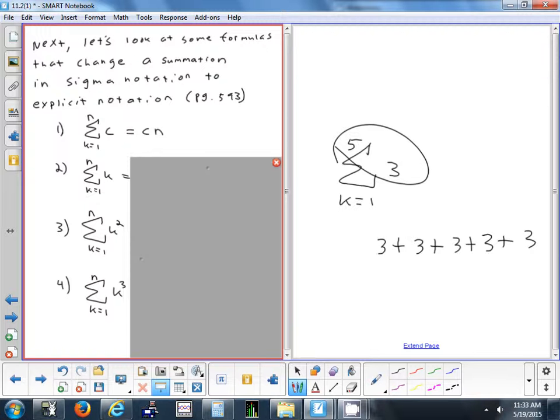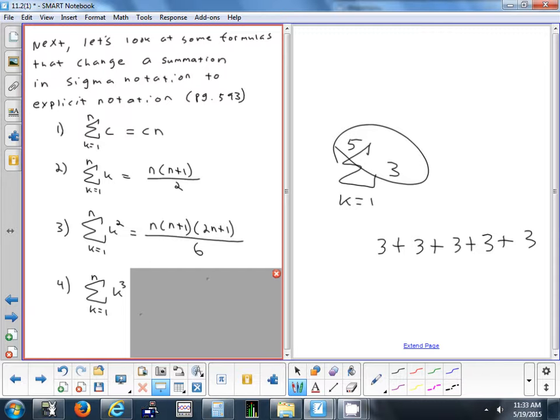Okay, the next pattern, this is when you're adding up the first n integers. Like 1, and then 1 plus 2, 1 plus 2 plus 3, and then 1 plus 2 plus 3 plus 4. That's the pattern. We just went through that. Number 3 would be if you're adding up the first n perfect squares, like 1, then 1 plus 4, then 1 plus 4 plus 9, and then 1 plus 4 plus 9 plus 16, and so on.